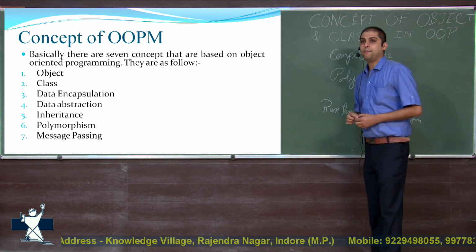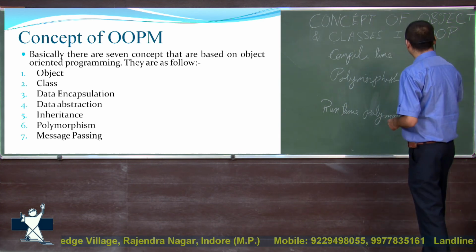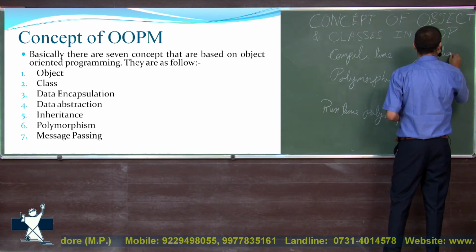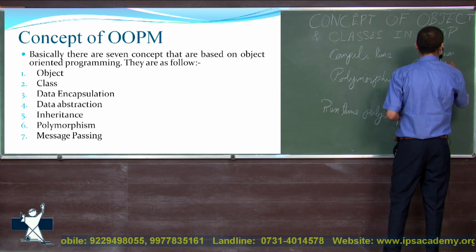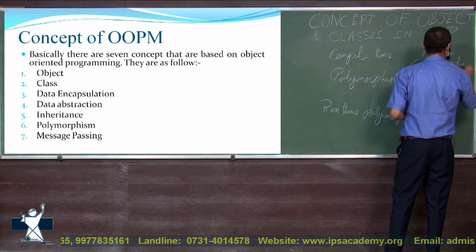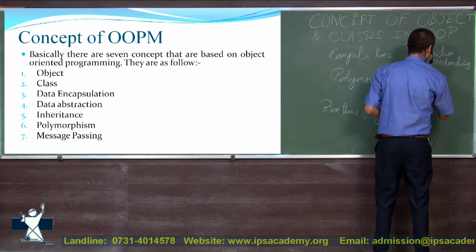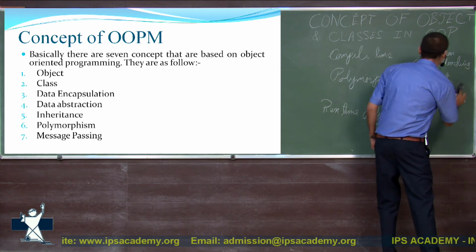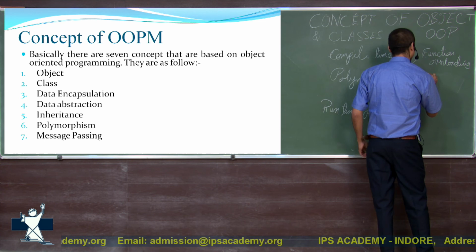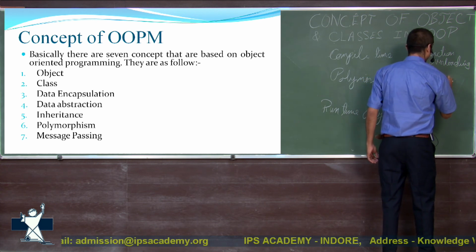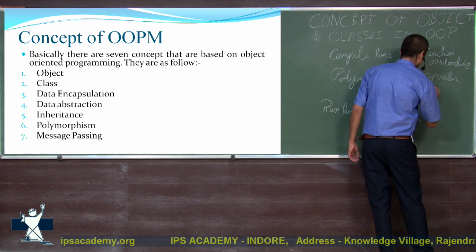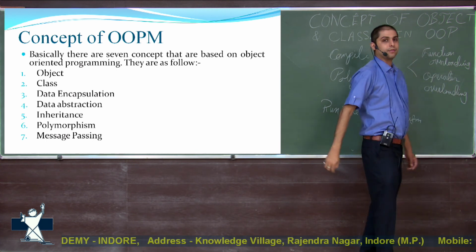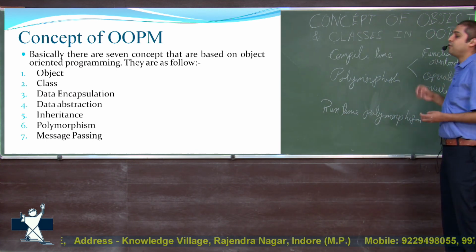Compile time polymorphism has two examples. First, function overloading. Second one is operator overloading. The example I have given for volume is an example of function overloading.